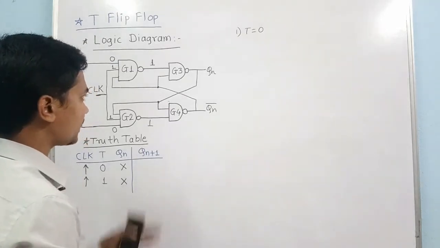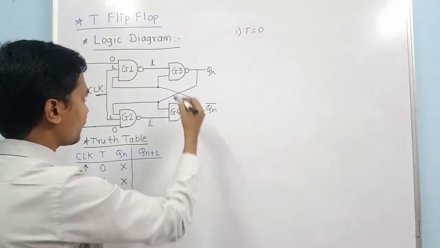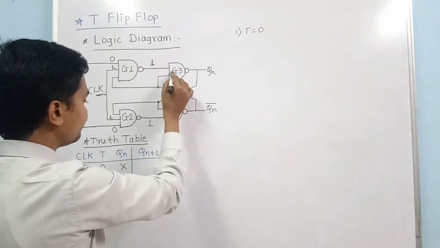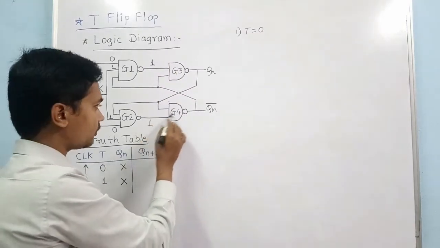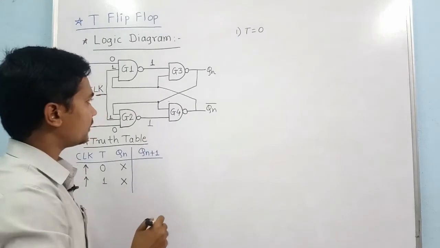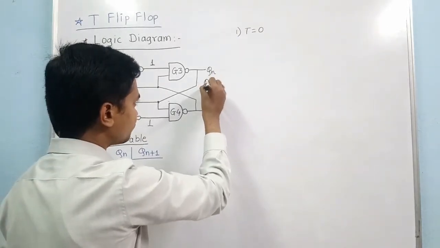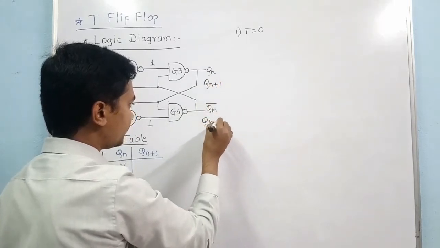Now coming forward to G3 and G4, what will happen? Here this logic 1 is applied to the input of G3, and one more logic 1 is applied to the input of G4. Now we have to obtain Qn plus 1 and Qn plus 1 bar.